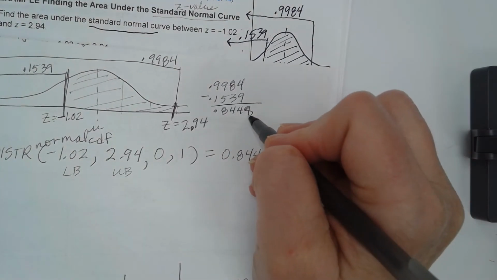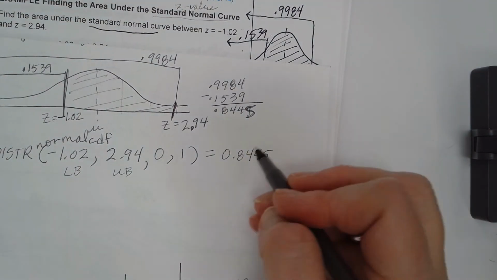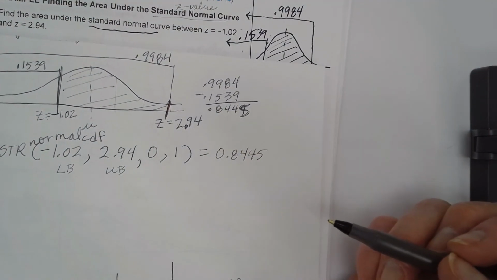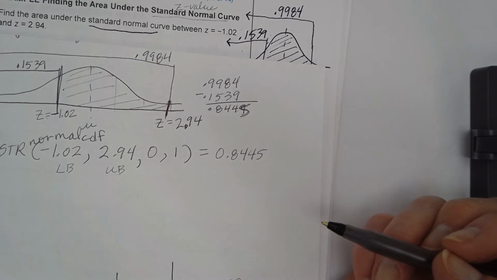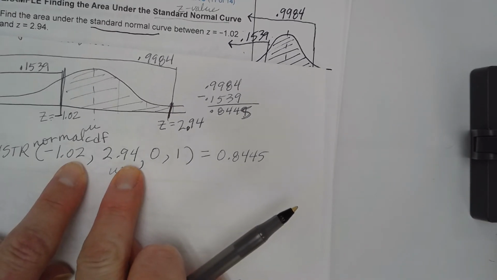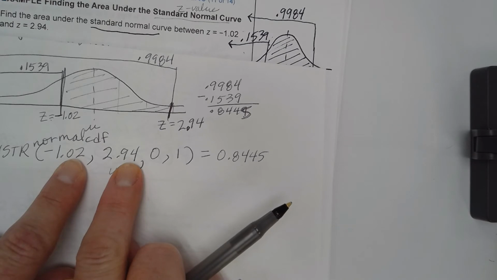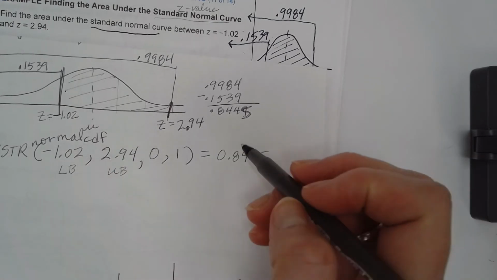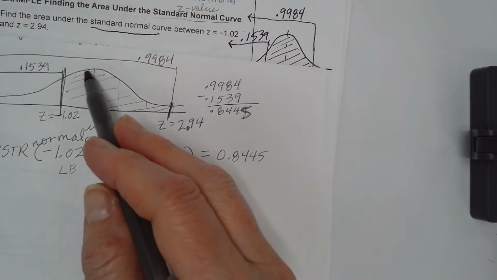Same thing that we got using the calculator, because the z values that we put in are rounded to the nearest hundredths place already, so that's exactly the information that the table has. Any questions on finding the area in between?